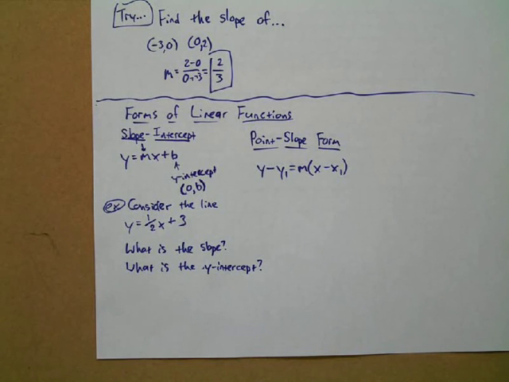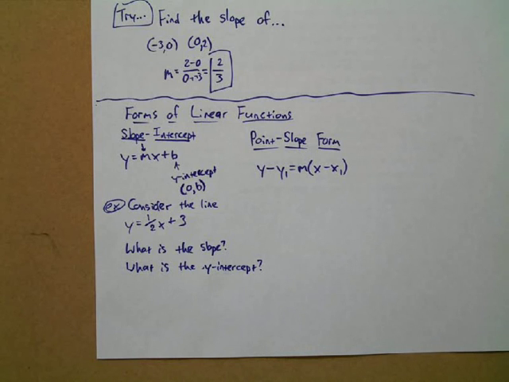All right, so let's go to Josh. Is it okay to call you Josh? Do you prefer Joshua? Okay, so Josh, what's the slope of the line here? Look at the equation there.